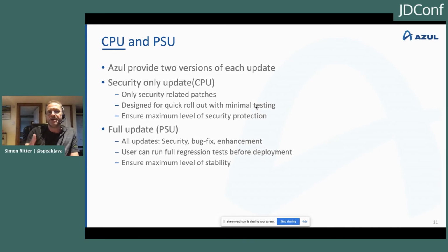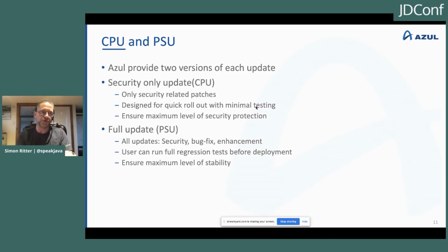It's a security-only update. So only the security-related patches are included in that. The idea behind this is that if there is a critical vulnerability that needs to be addressed very quickly, you can do some quick testing on your applications, make sure everything starts up and runs. Then you can deploy this into your data center or onto your machines and make sure that you've got the maximum level of security for your applications.